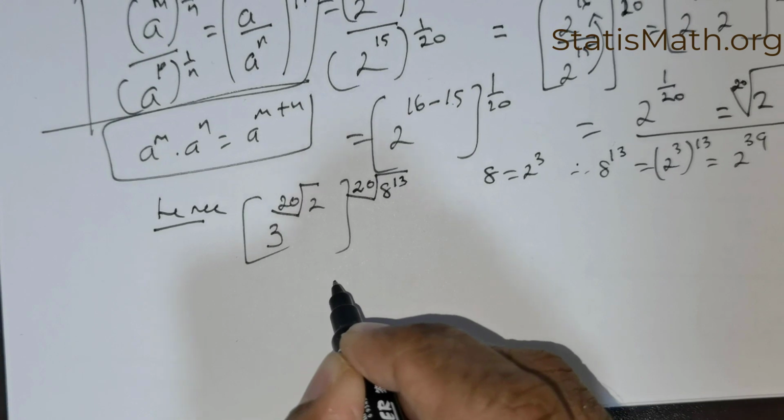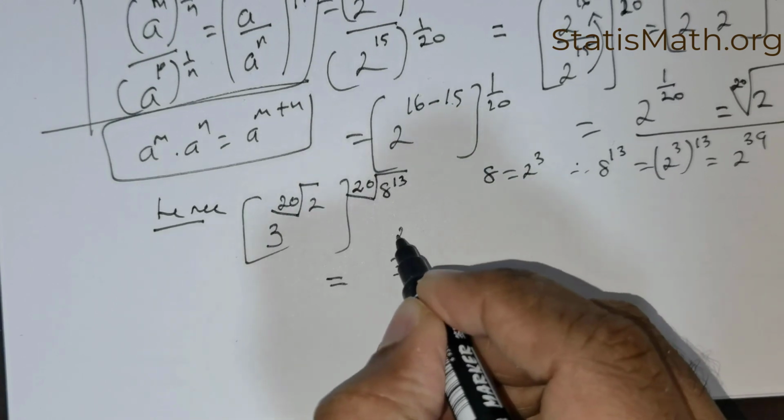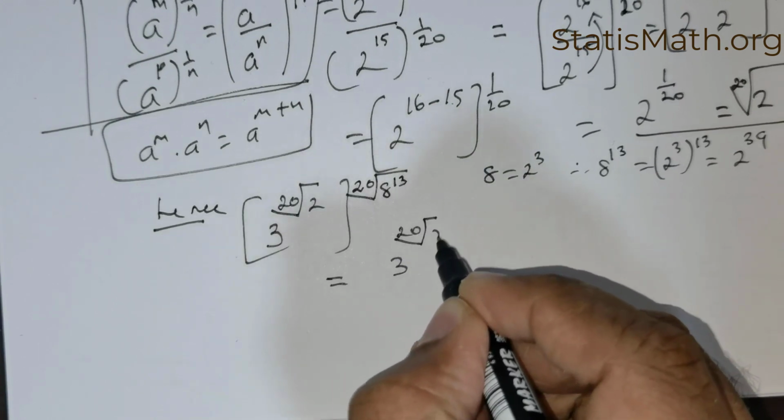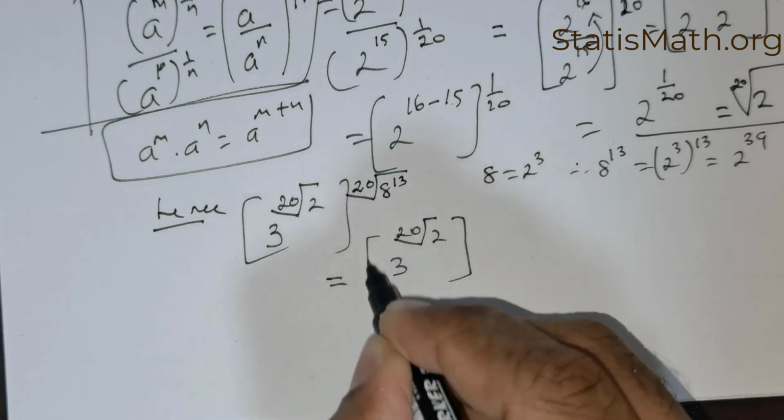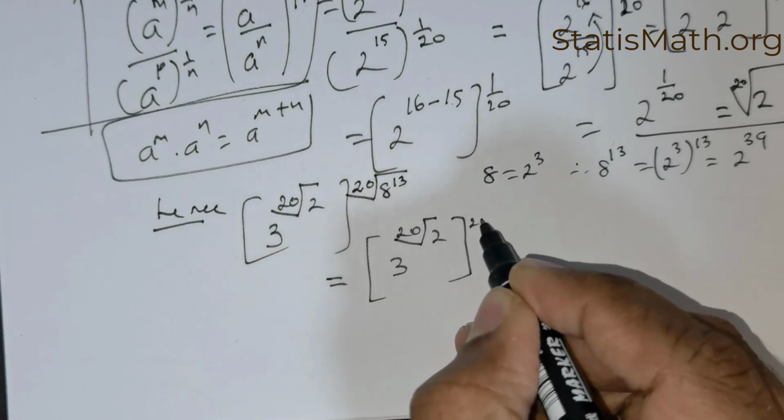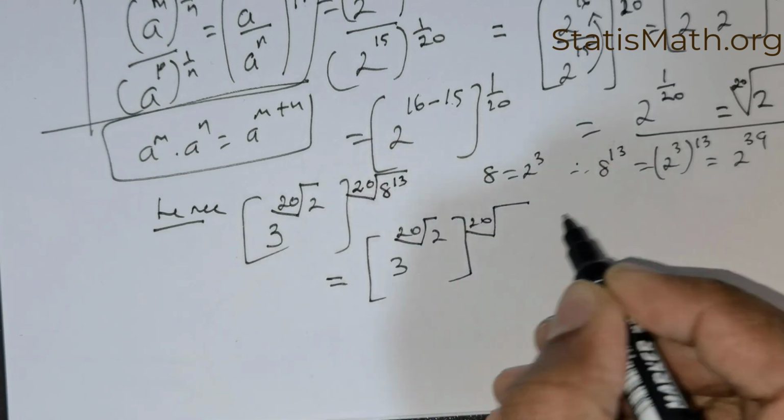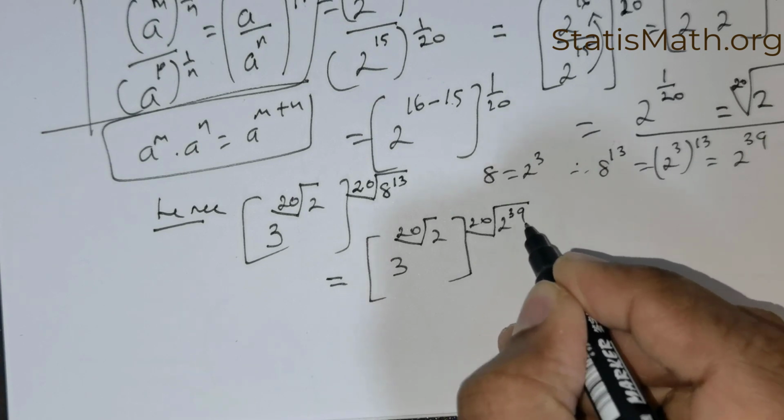So this is equal to 3 raised to the power of 20th root of 2, and that is raised to the power of 20th root of 2 raised to the power of 39.